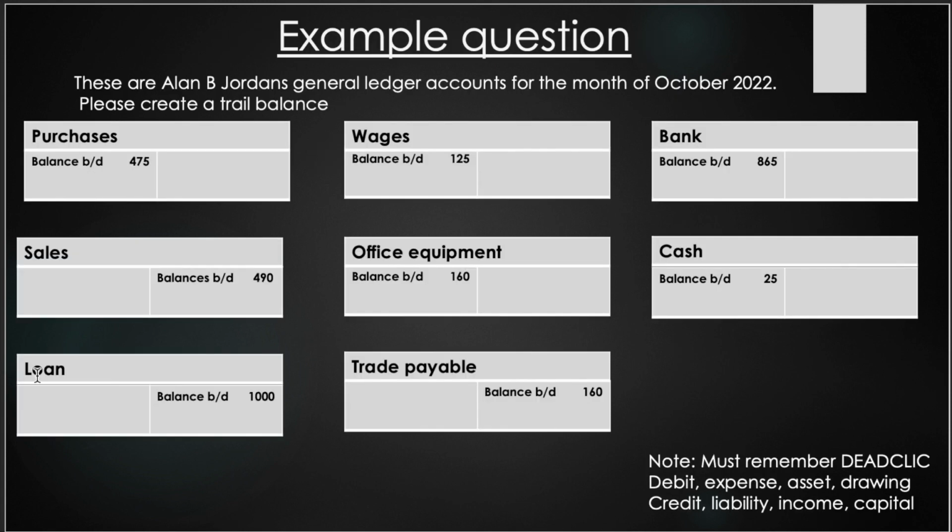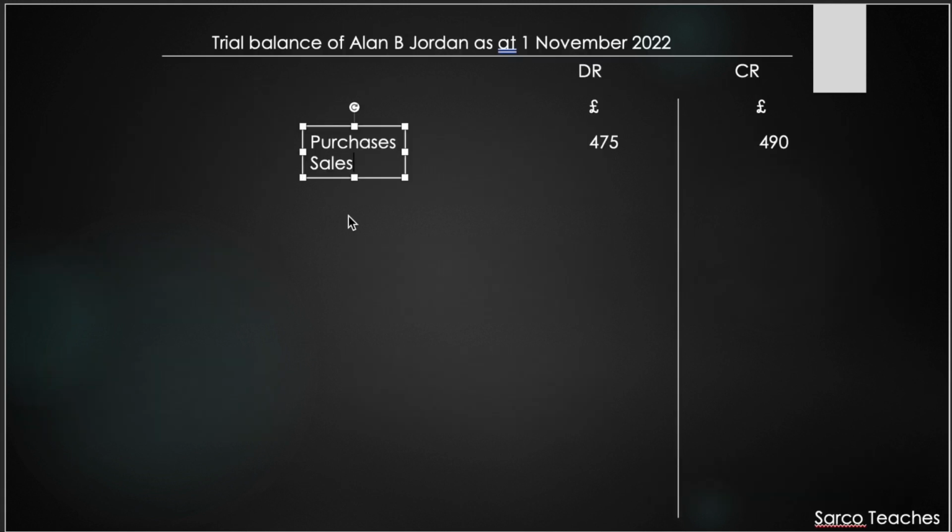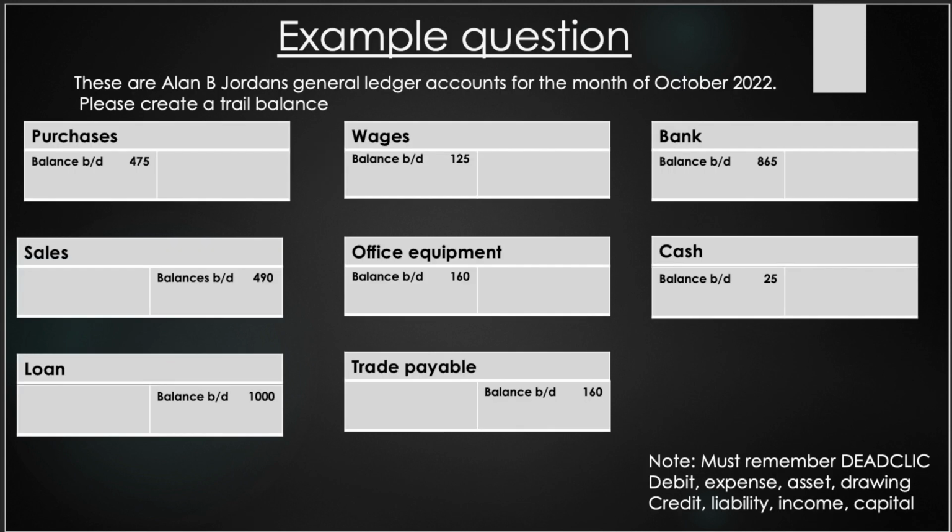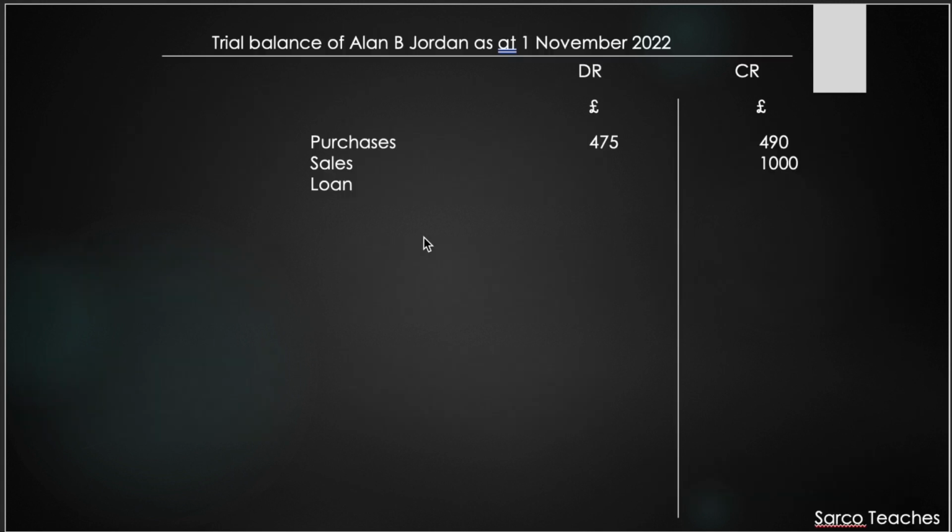What's our third one? Loan. Loan is a liability. What does DEAD CLICK tell us again? That liability goes on the credit side. So I put loan with the value of 1000 on the credit side. What's the fourth one? Wages. Wages is an expense. What does DEAD CLICK tell us? DEAD CLICK tells us that expenses go on the debit.